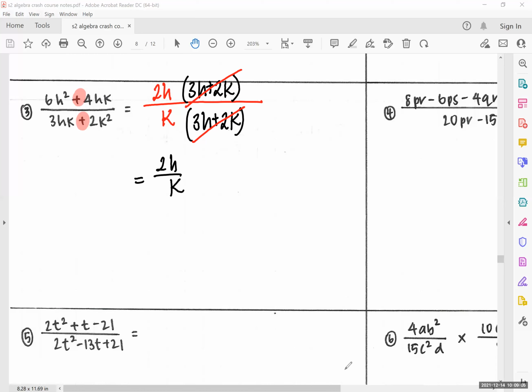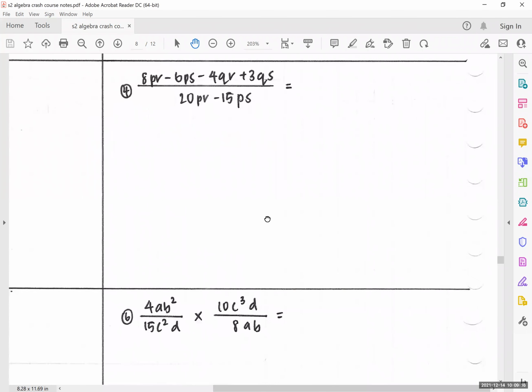Okay, next up, we'll move on to question 4. Is question 4 four-term factorization? Yes, very good. Now you know why we did four-term factorization last lesson, right? To achieve this level means it is almost the highest level already.